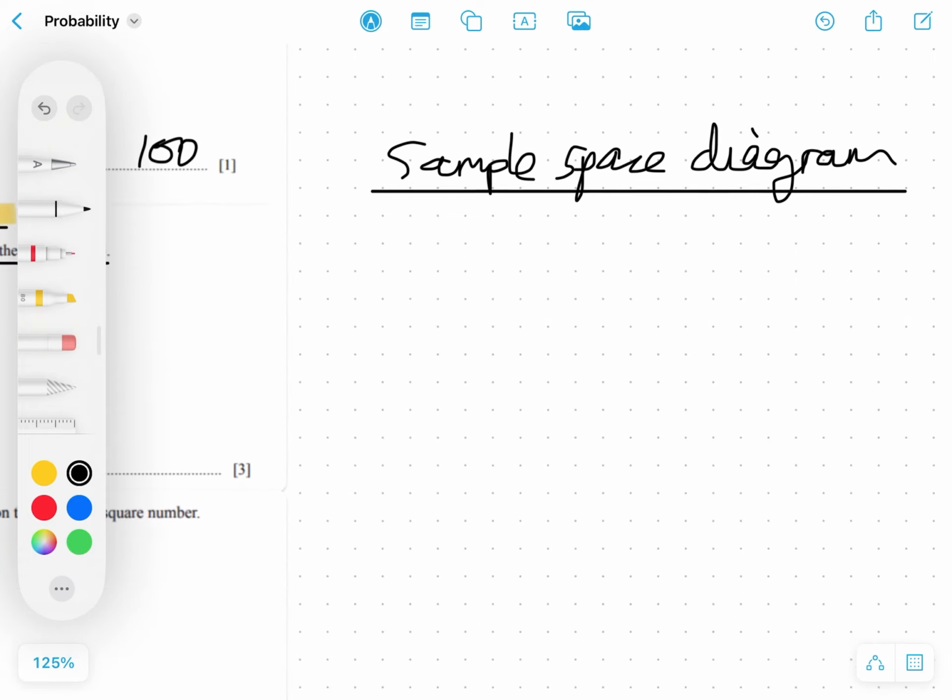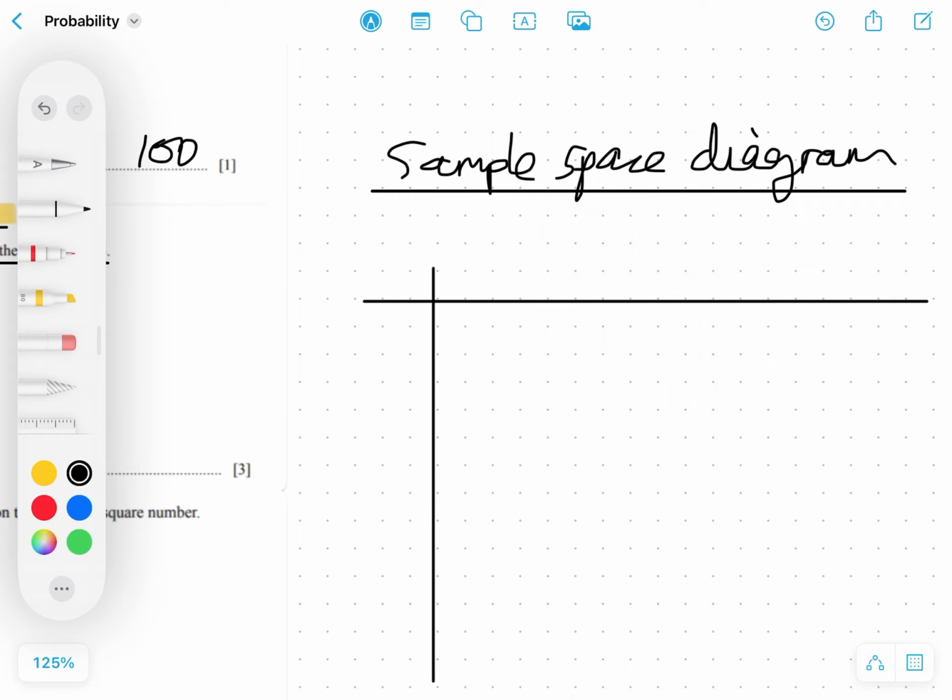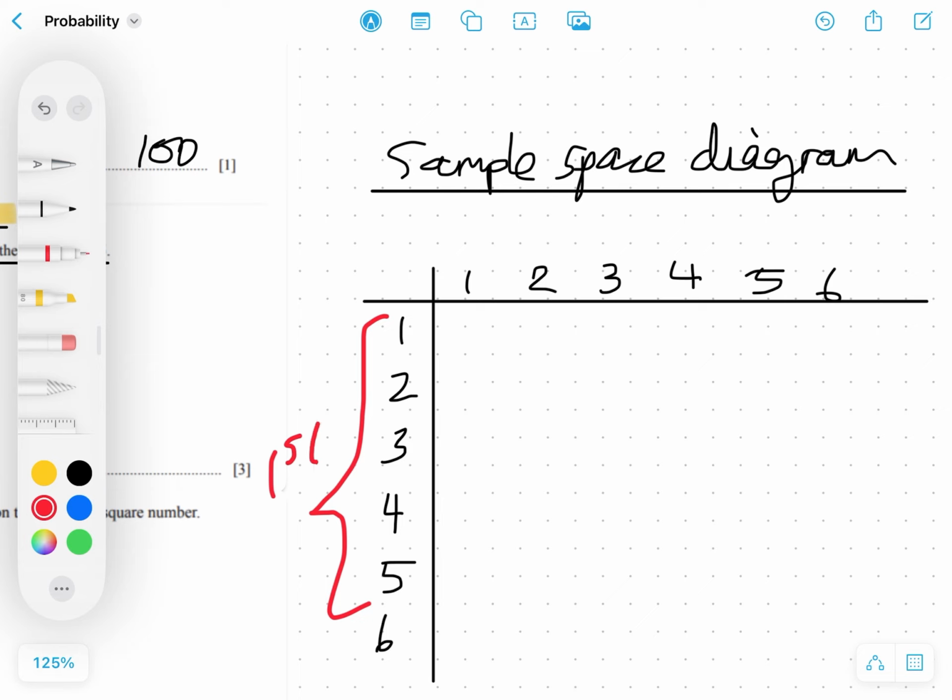So in a sample space diagram, you list the possible options for her first card that she chooses, which are any of the 6 numbered cards. And then you do the same for the second card that she can choose. So these are the options for the first card, and these are the options for the second card.